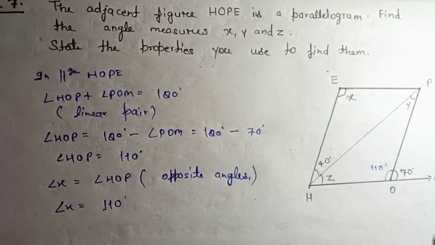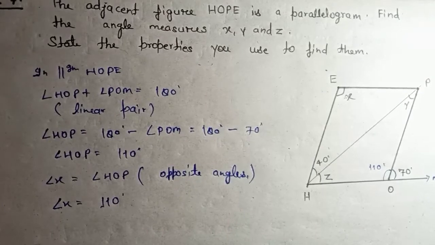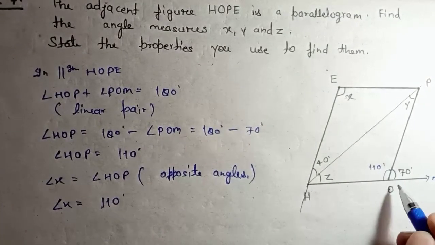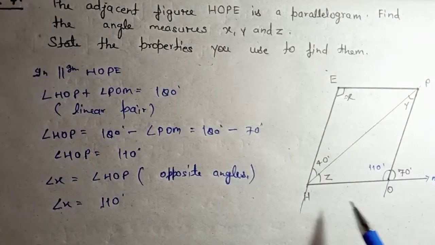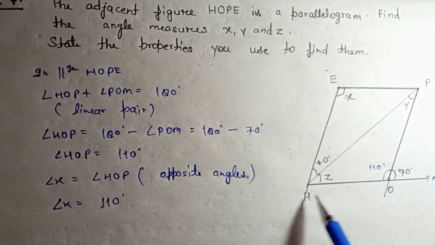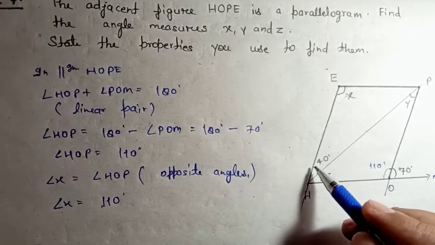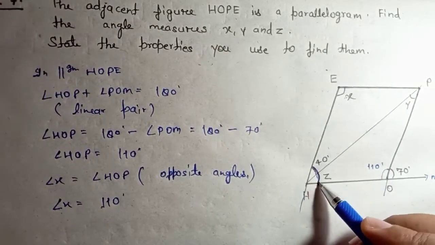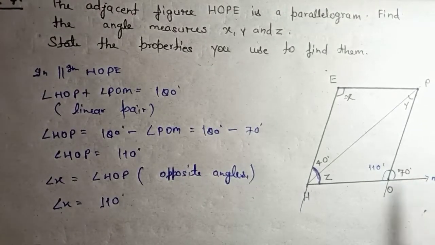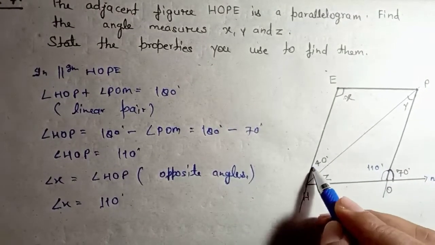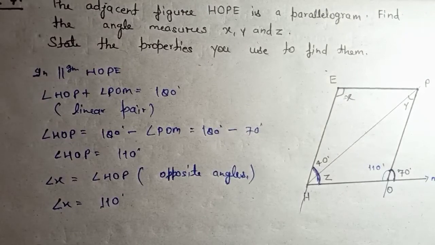And now we have to calculate angle Y and Z. So you can see if we extend these two lines, these two are the parallel lines and this HM is the transversal line. So these two angles, EHO and POM, are corresponding angles.